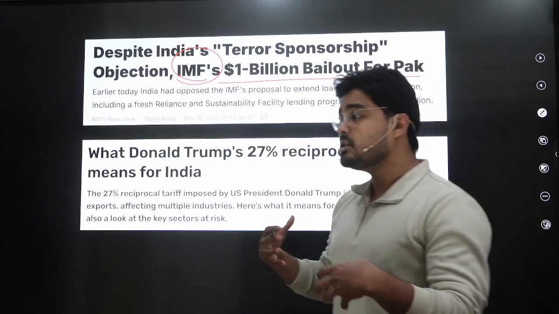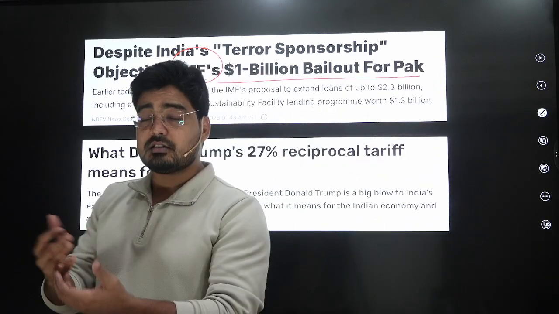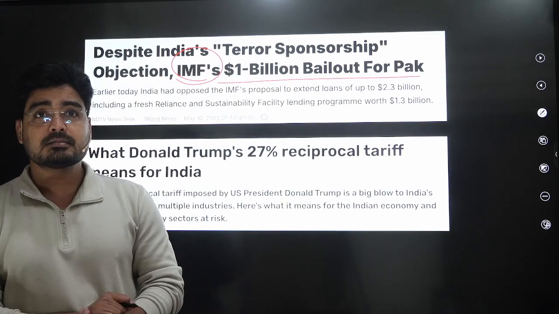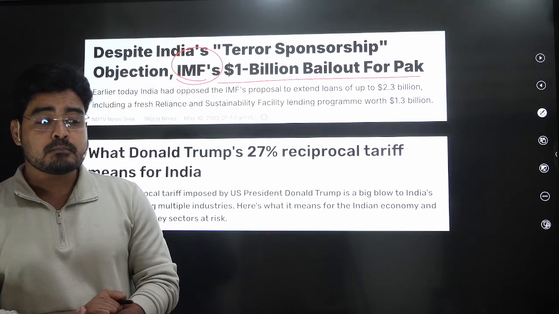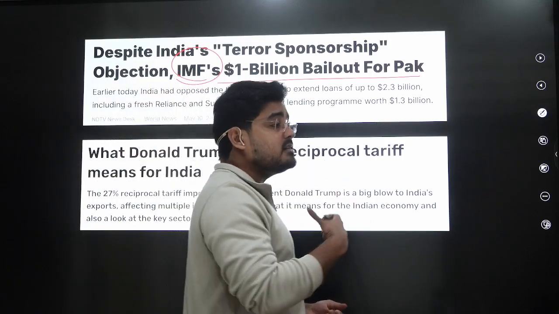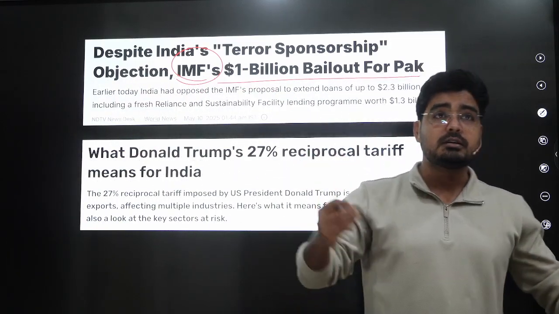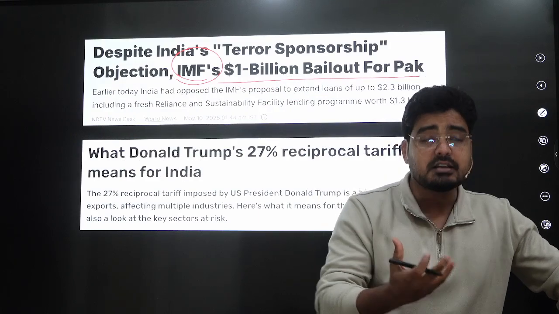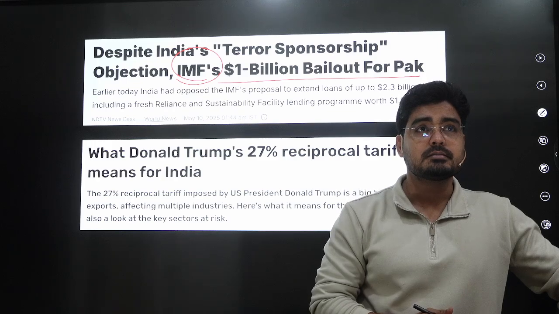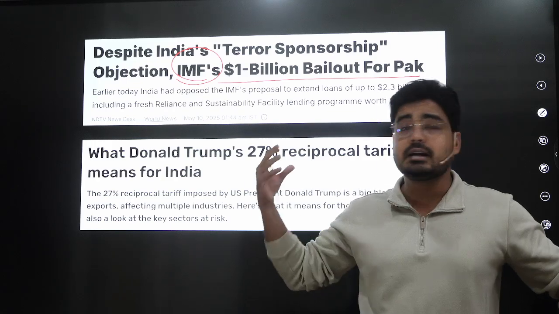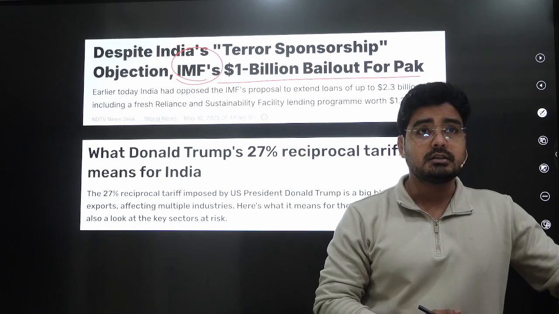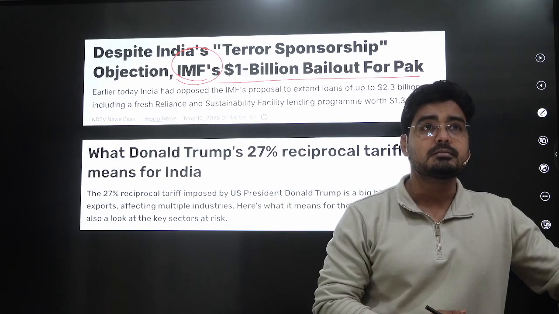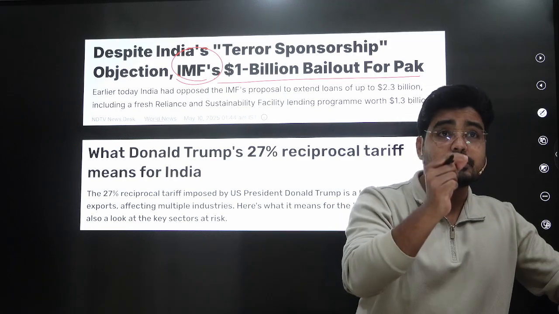What is the contribution of different countries towards this fund? What are their voting rights? What are the different kinds of credit facilities extended by this fund? Who are the beneficiaries? You need this basic information to answer any analytical question on such current affairs topics. This is the significance of economy.